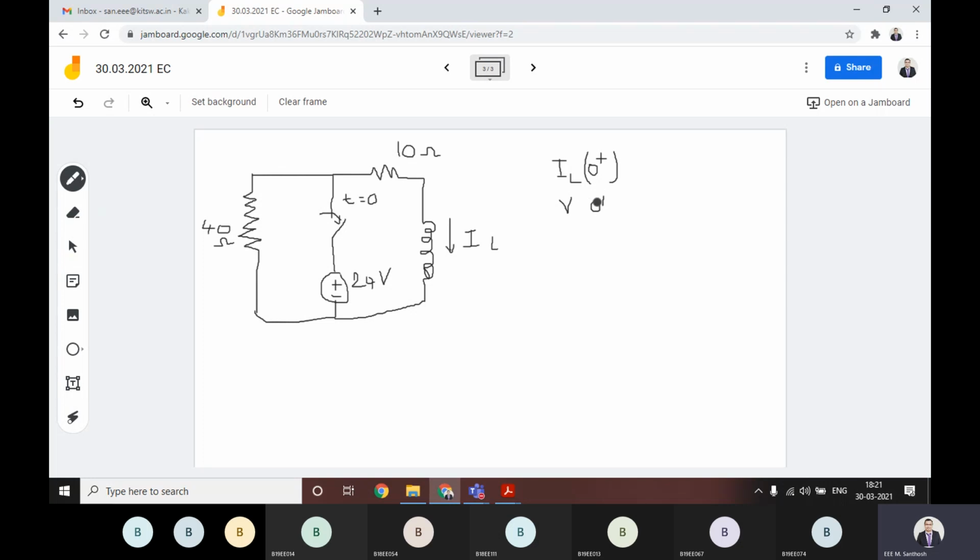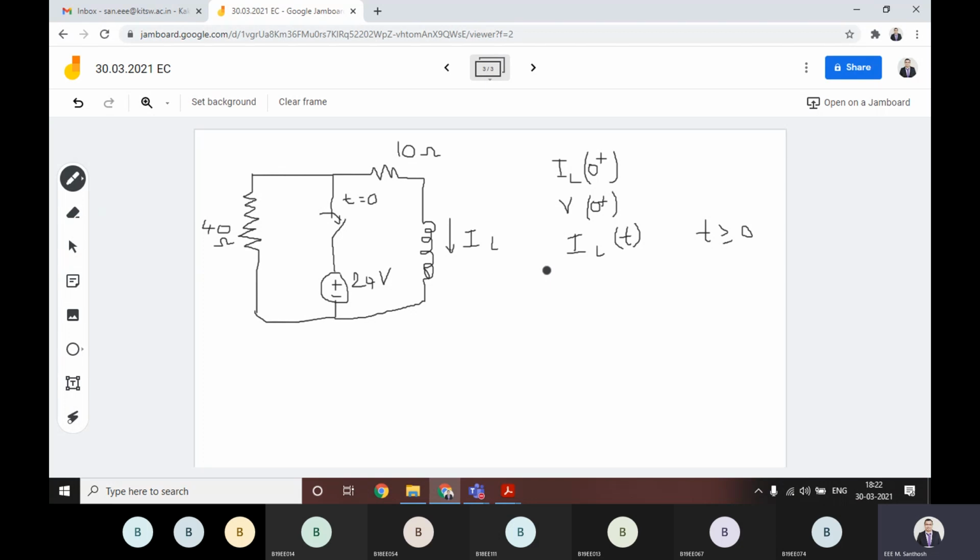Then voltage just after switching. Then what is the current? IL of t when t is greater than or equal to 0. These three things you have to find. Now you can start solving. Based on your understanding, you solve. If you're not getting, we'll try to solve that one.